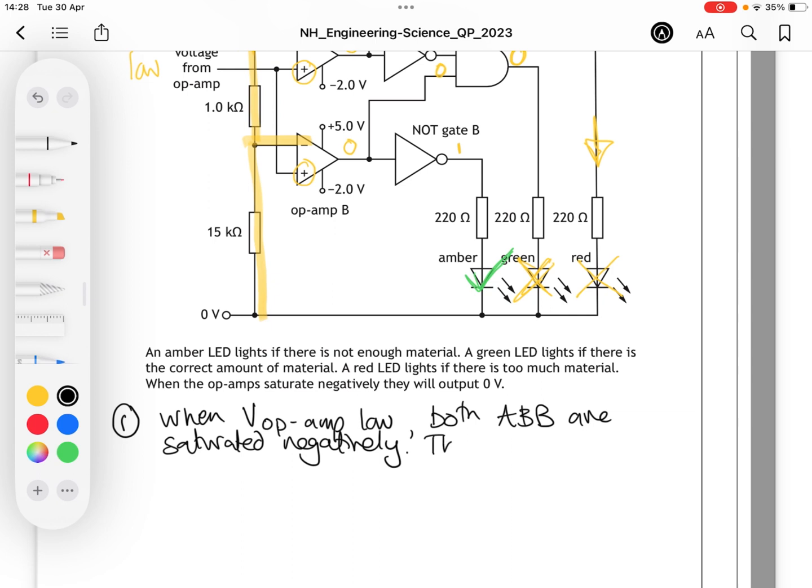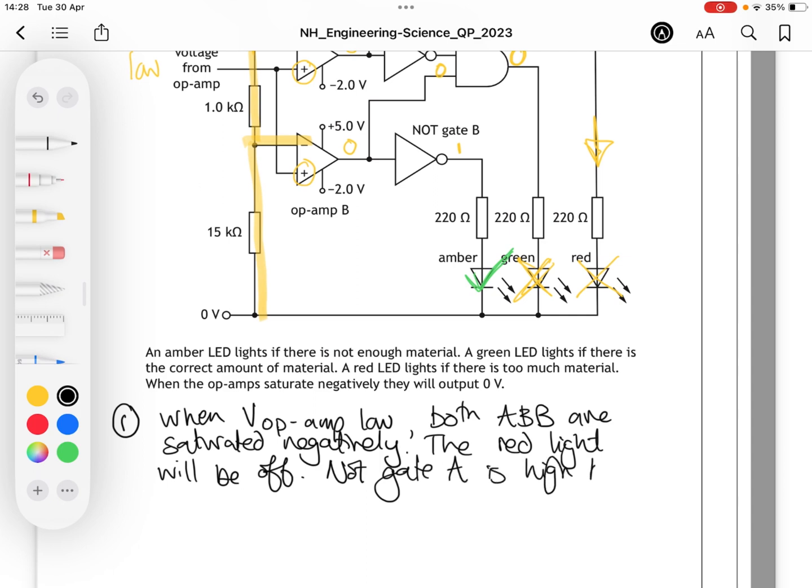The red light will be off. NOT gate A is high, but the AND gate output is low. So the green LED is off.